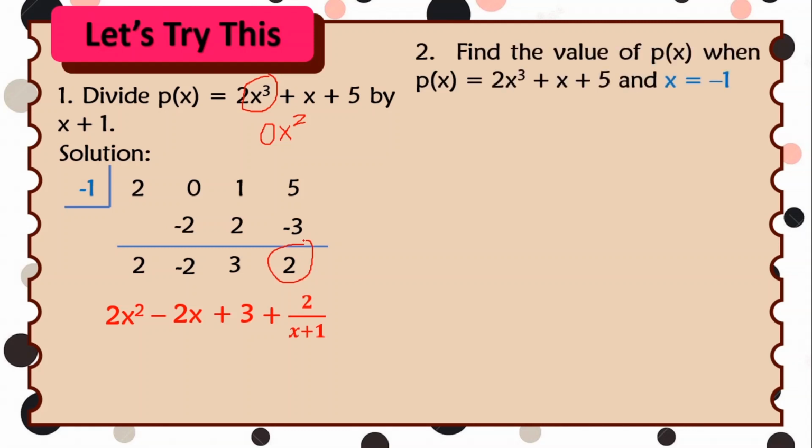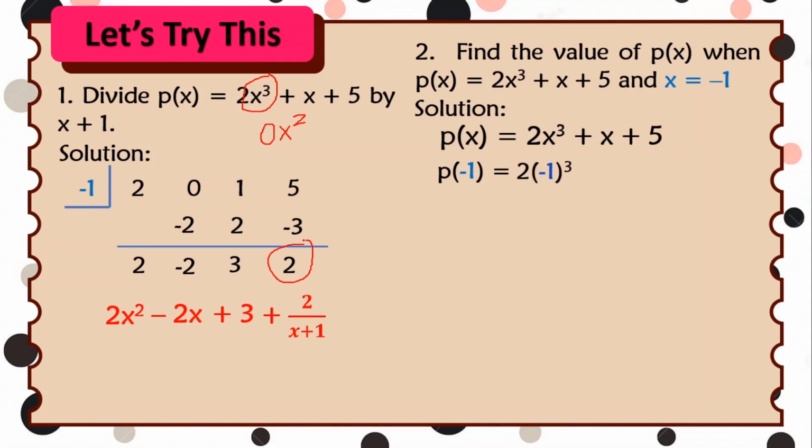Let's try to solve the second question. Find the value of p of x when p of x is equal to 2x cubed plus x plus 5 and x is equal to negative 1. For our solution, just simply substitute negative 1 for the value of x. So, we have p of negative 1 is equal to 2 times negative 1 cubed plus negative 1 plus 5.